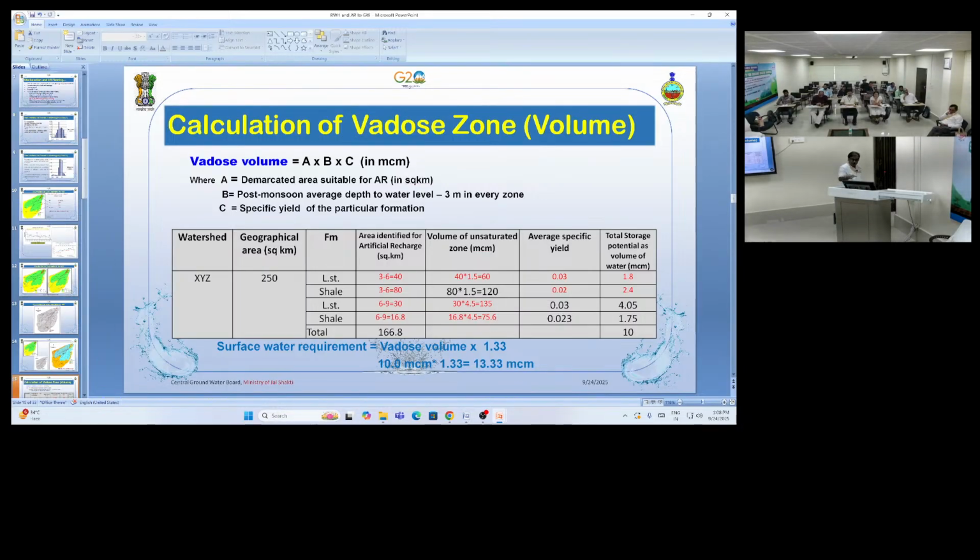From that, whatever is the requirement, we take the reciprocal of 75%, that means 100 by 75, from which 1.33 will come, because exactly with that amount you cannot go for recharging, there will be losses. Sometimes it varies. Generally the concept is that we consider 75% efficiency. If somebody thinks that in my area I can do it more efficiently, at 90%, he can take that.